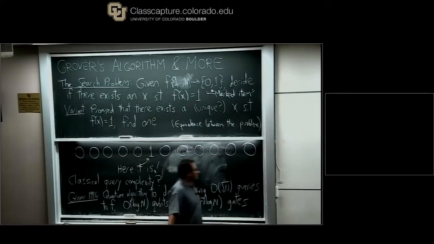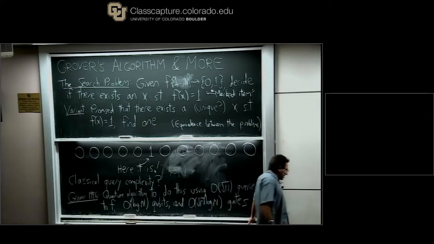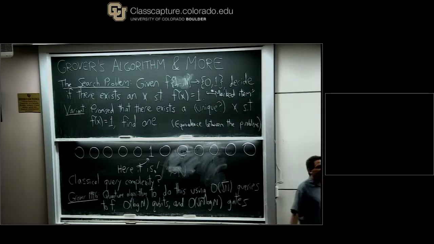Good. So let's say the classical query complexity is of order n. Now what Grover did is he gave a remarkable quantum algorithm that solves this problem using only order square root of n queries to f.